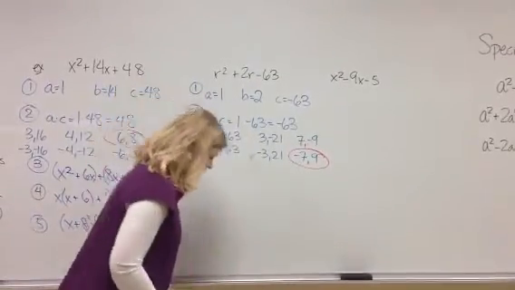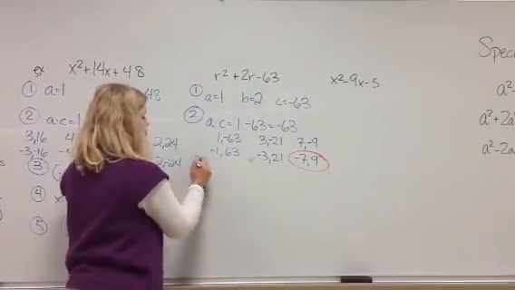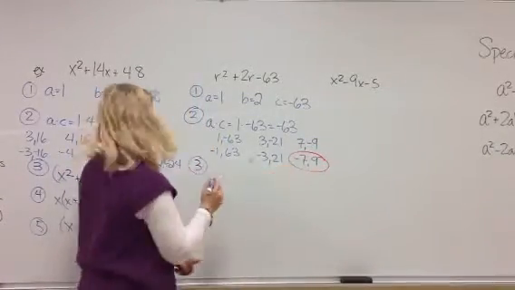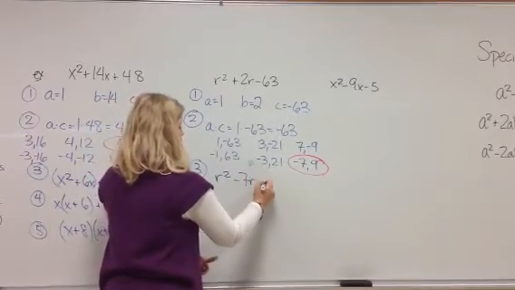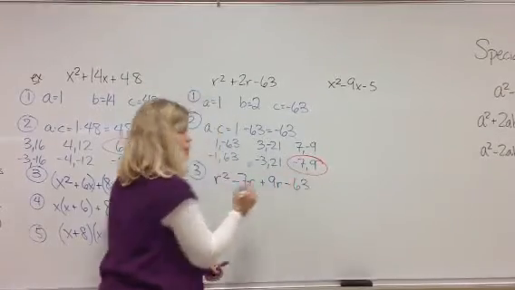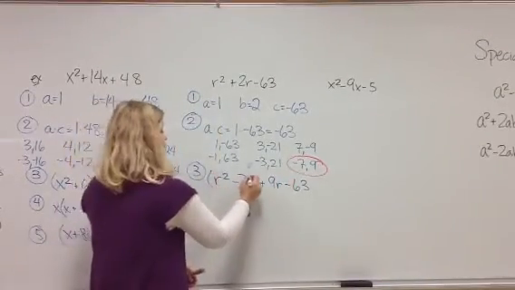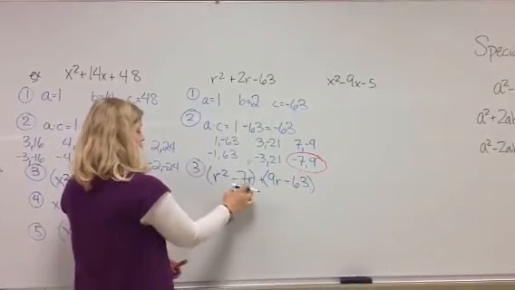So now, sorry, I'm back. Number 3, we're going to write it in that expanded form. So we've got r squared minus 7r plus 9r minus 63. What were we supposed to do? Group them. What do these two have in common?